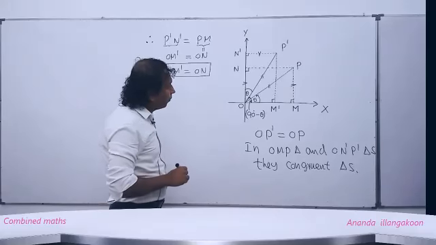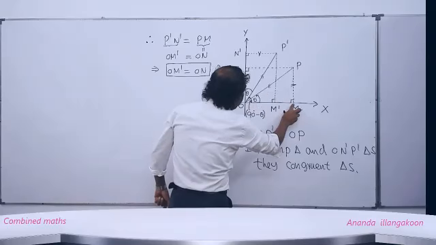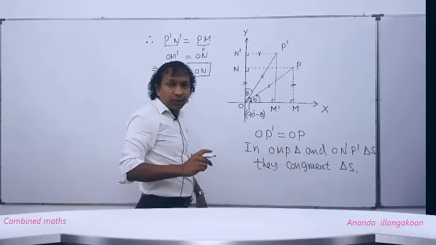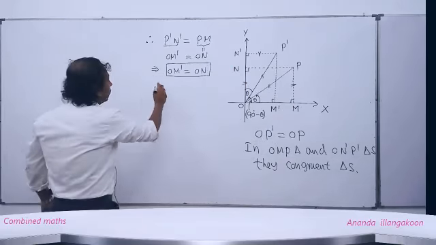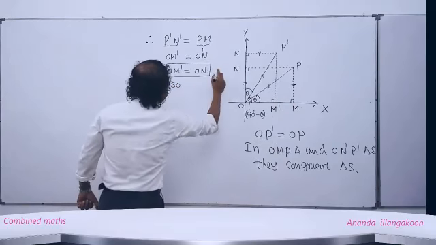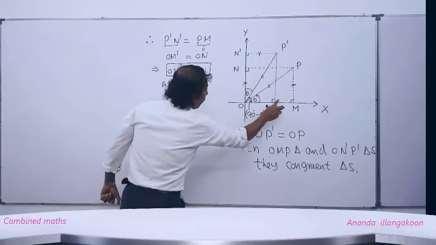And also, people, in the triangle OMP, this OM length should be equal to this ON dash length, because they are corresponding sides of the congruent triangles. Also, we can write ON dash length is equal to this OM length.